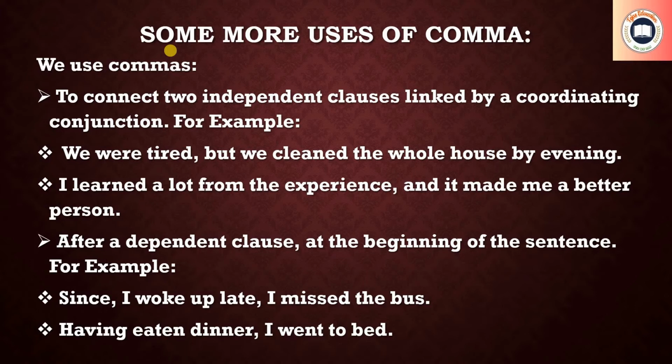So there are two independent clauses and a coordinating conjunction, and for connecting these two independent clauses we have a coordinating conjunction. Before my coordinating conjunction we have a comma. The second sentence: I learnt a lot from the experience, and it made me a better person.